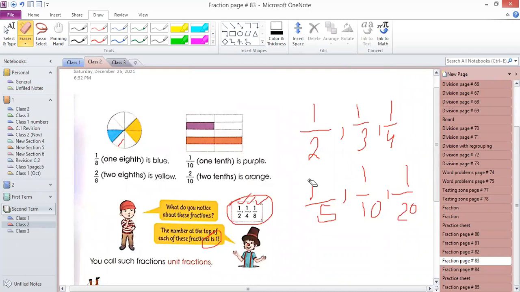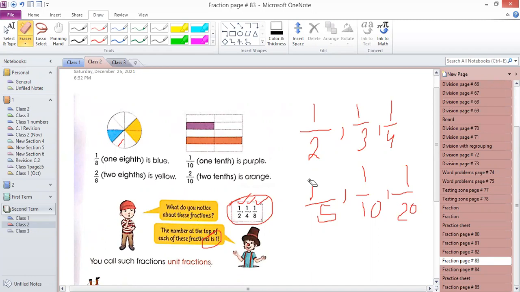Unit fractions are the fractions which have one in the numerator. Any fraction having one in its numerator is a unit fraction. Any number other than one in the numerator will be called a non-unit fraction. So to identify the unit fraction, you just have to check the numerator.